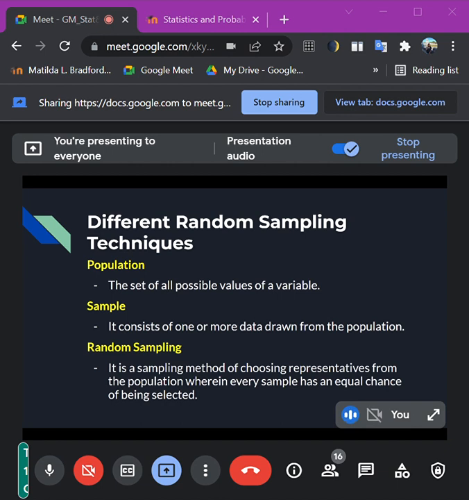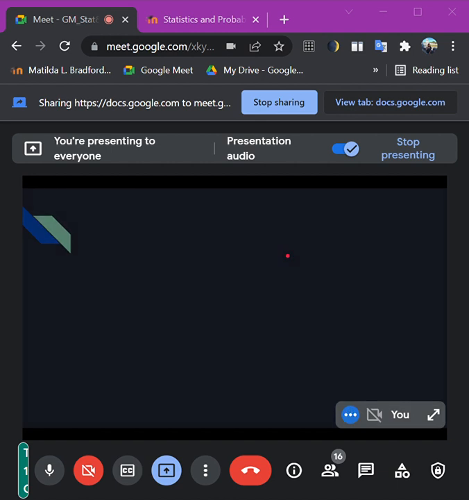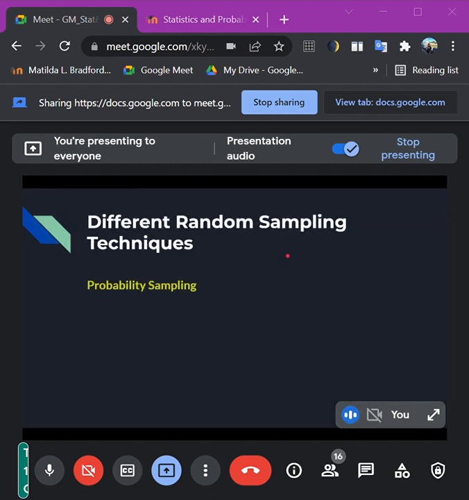So random sampling is a sampling method of choosing representatives from the population wherein every sample has an equal chance of being selected. So accurate data can be collected using random sampling technique. Okay? And in our random sampling technique, we have a lot of different random sampling techniques.